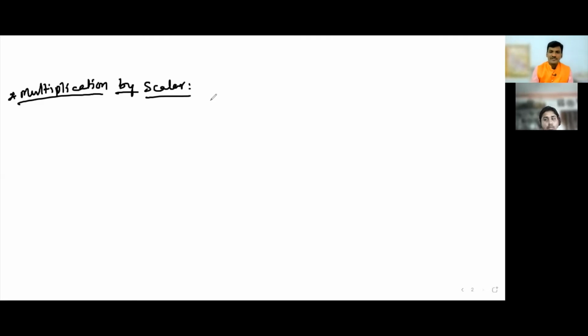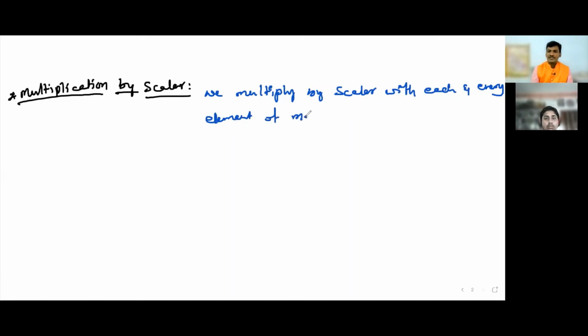So we multiply by the scalar with each and every element of the matrix.